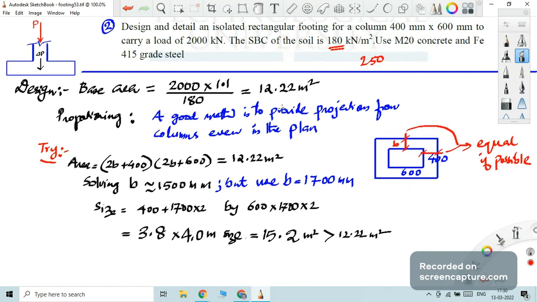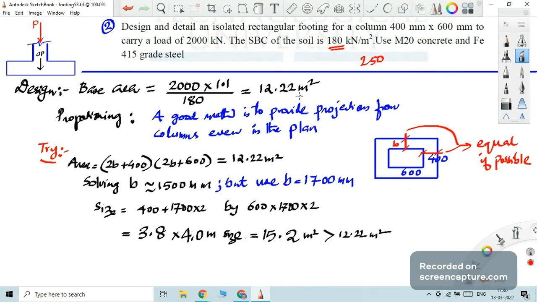Now the proportioning, you can do it as a square footing itself, that is 3.5 by 3.5 meter. Or if you have a space restriction, one side only 2.5, then you can design it as a 2.5 by 4.9 meter.